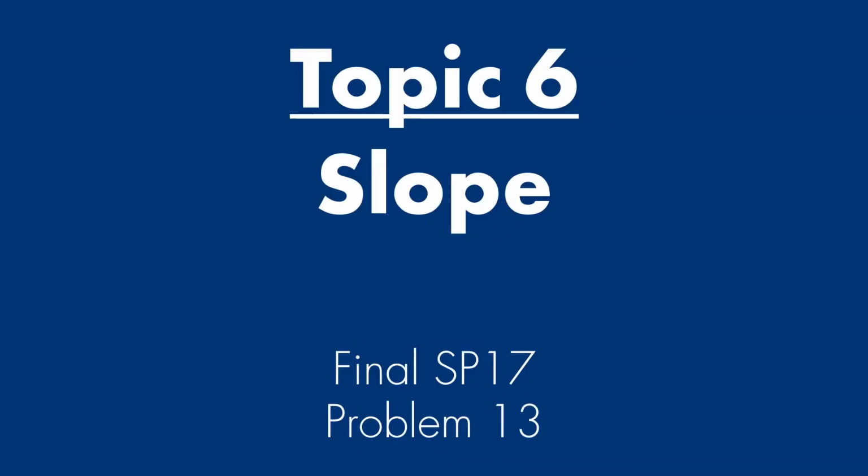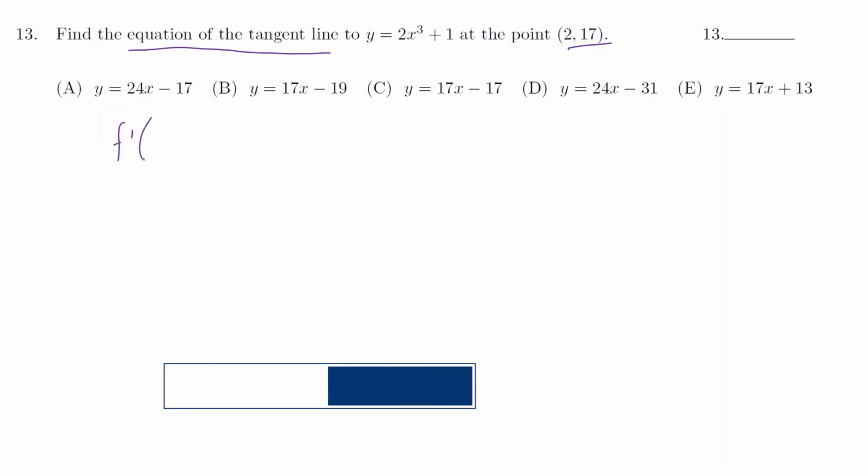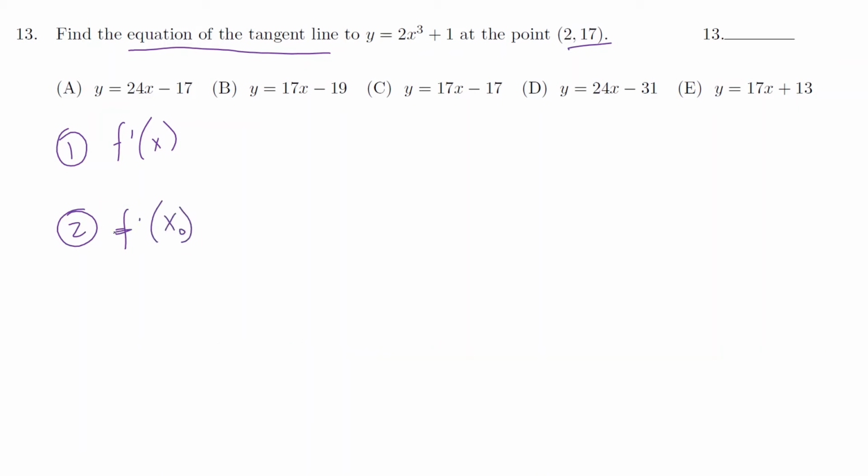Next, topic 6, slope. We're looking at problem 13 from the final SP17. We need to find the equation of the tangent line at point (2, 17). There are 4 steps. First of all, find f prime of x. Second step is find f prime of x0. What is x0? x0 is this guy, 2.